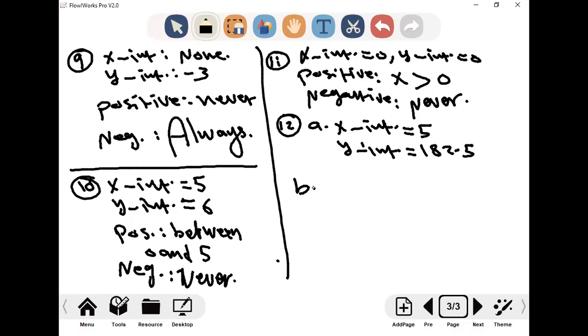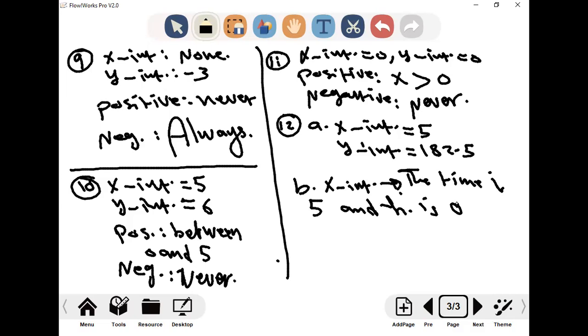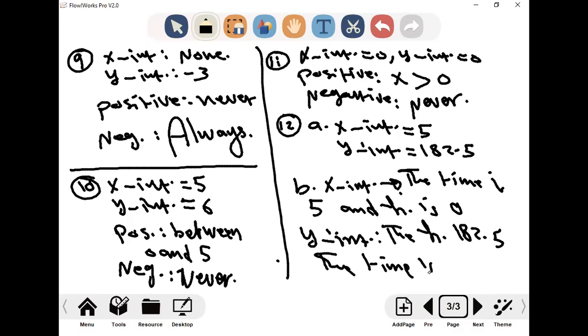So x-intercept means the time is 5, and the height is how much? 0. But in the y-intercept, when the height is 182.5, the time should be what? Is 0.